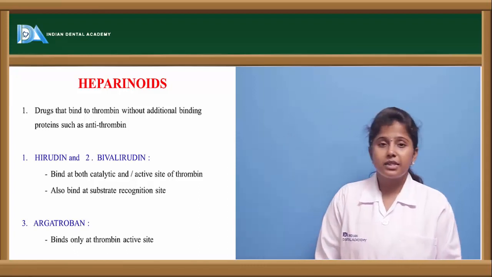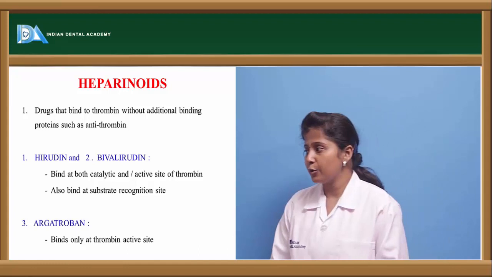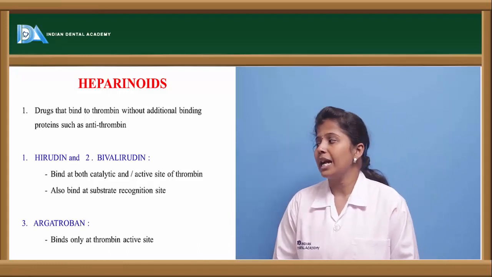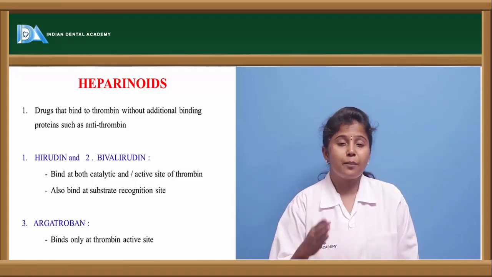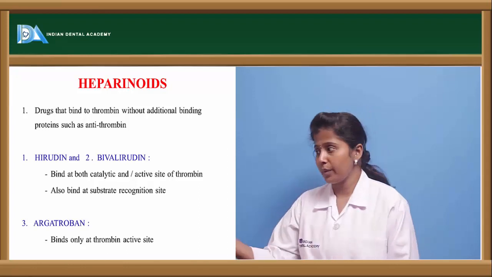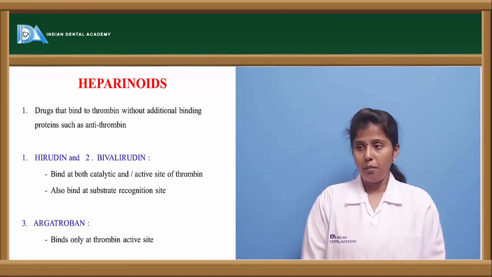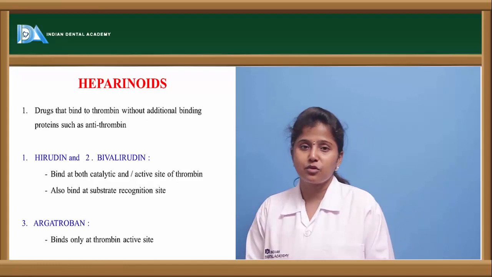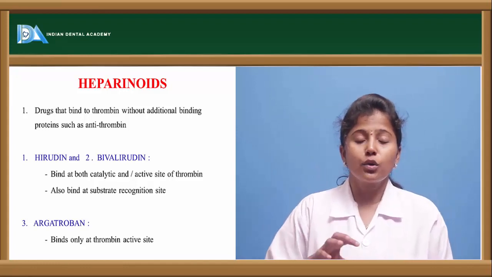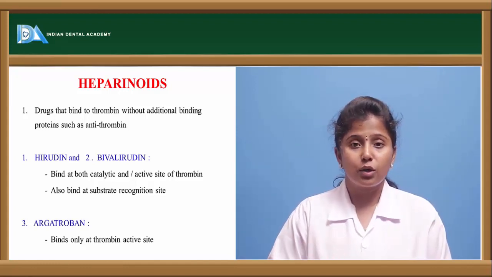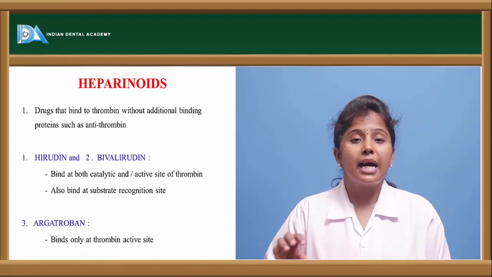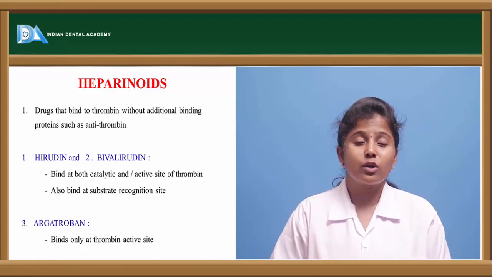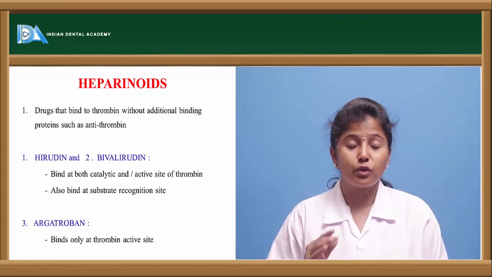The drugs which come under this category are hirudin and bivalirudin, which bind both at the active site of thrombin. So they prevent the conversion of prothrombin to thrombin, and they also bind at the substrate recognition site. Here the prothrombin is converted to thrombin, and this thrombin has to bind to the receptor site or substrate site and thereby show clot formation.